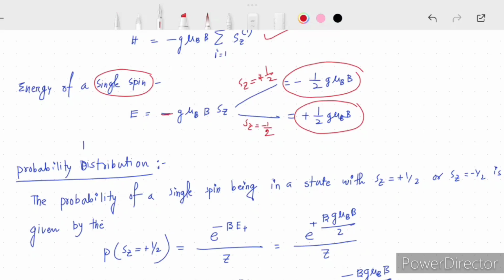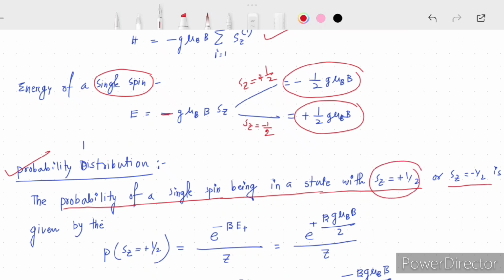Next we calculate the probability distributions. The probability of a single spin being in a state with Sz equals plus half or Sz equals minus half. We consider a single spin, a single atom. For a single atom with spin in the state Sz equals plus half, what is the probability?